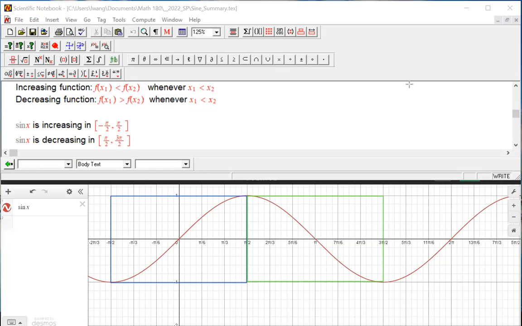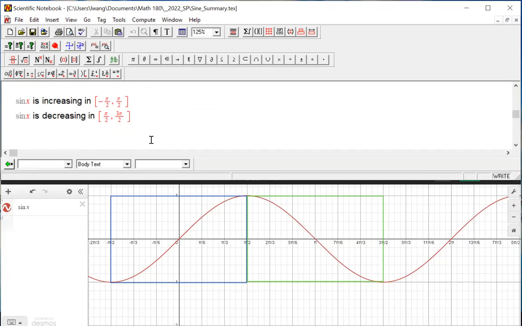Now, to summarize, right? When we say a function is increasing or decreasing, we must indicate where it is increasing and where it is decreasing. And the interval in that description is part of the domain.